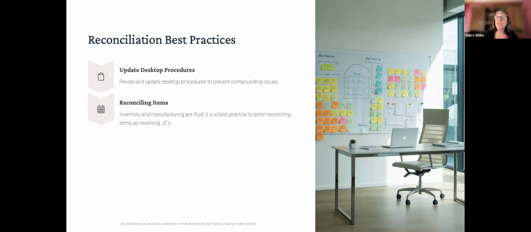If we're going to adjust inventory, some clients like to do journal entries to adjust the inventory when they reconcile it. I'm going to make a suggestion here that we do these journal entries as reversing journal entries, because materials and manufacturing are so fluid, there's a good chance that we miss something in June that will fix itself in July.